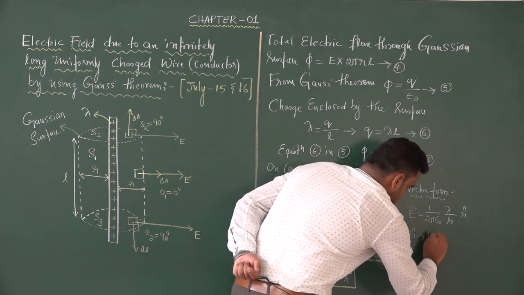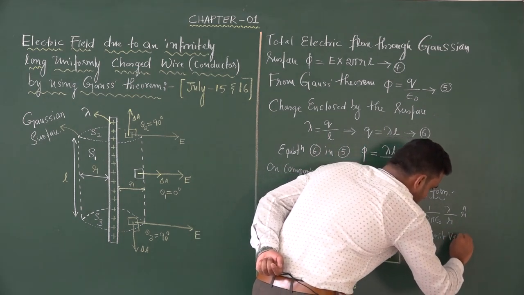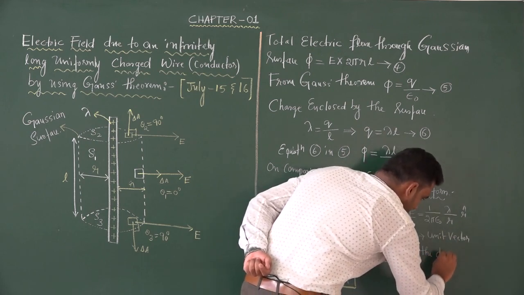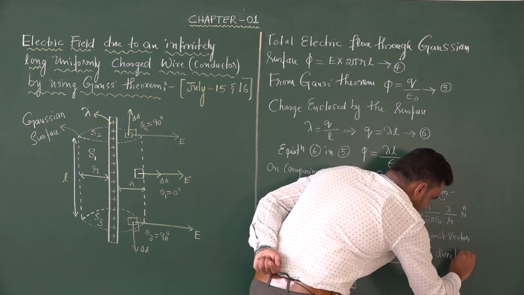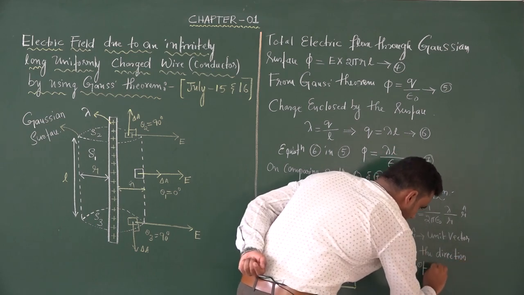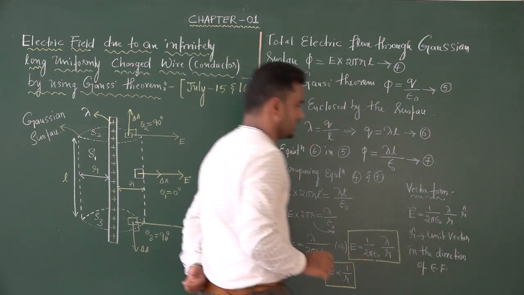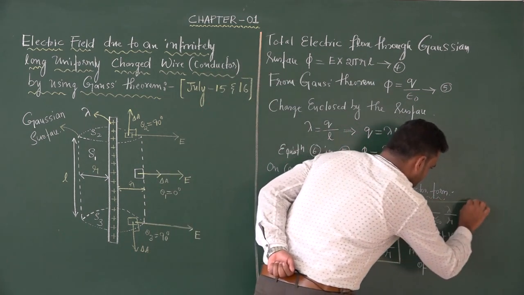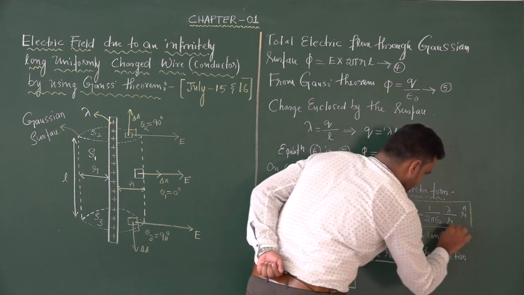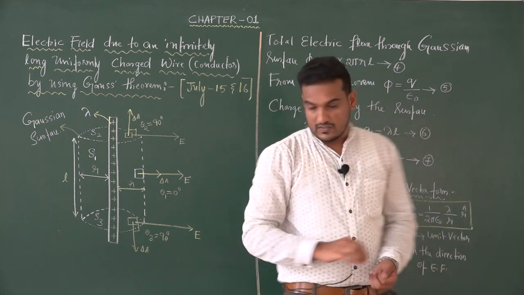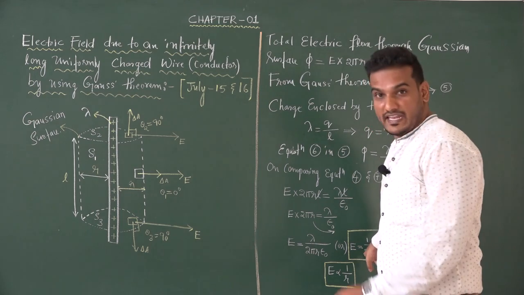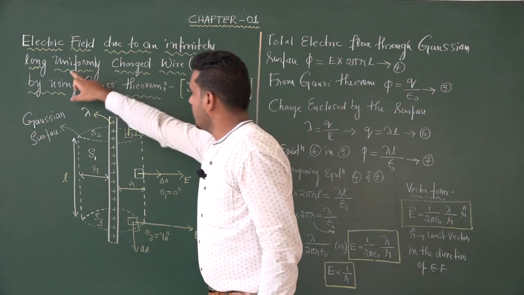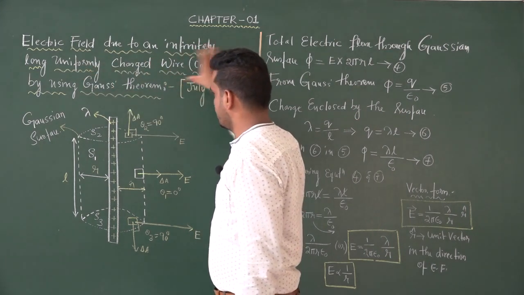R cap is the unit vector in the direction of electric field. So this is in terms of vector form. So this is an expression for electric field due to an infinitely long uniformly charged wire or a conductor by using Gauss theorem.